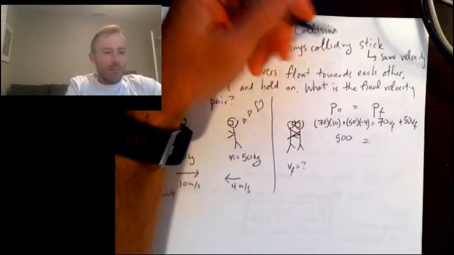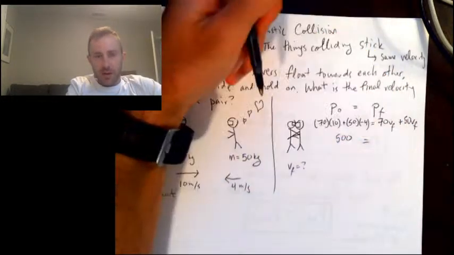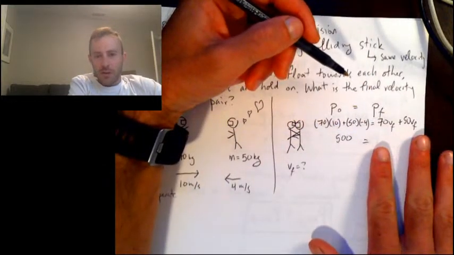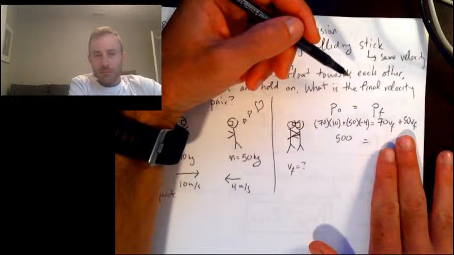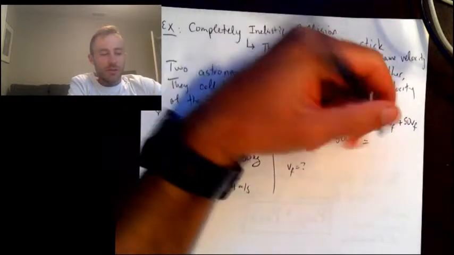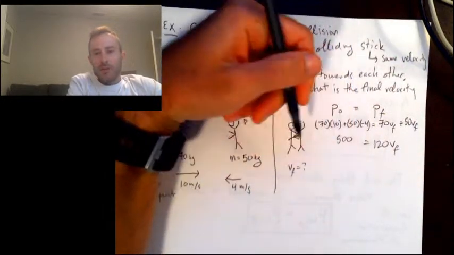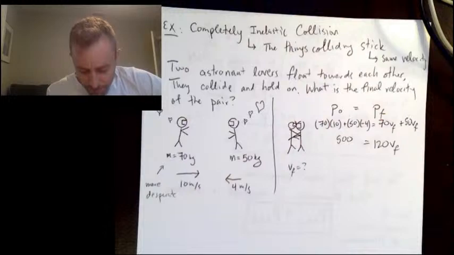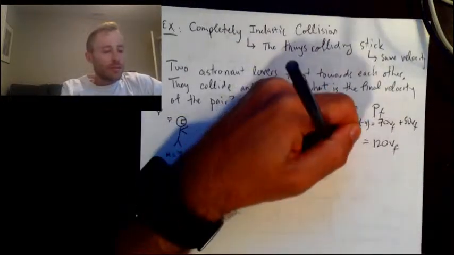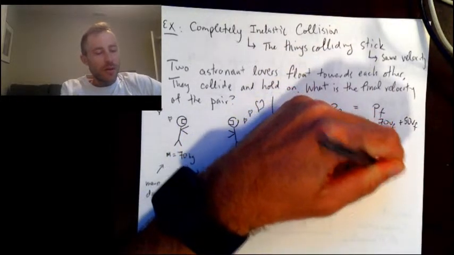They both have the same final velocity. It's not V final 1 and V final 2. Because they have the same final velocity, we can collect like terms. So 70V plus 50V is 120V. Divide both sides by 120, and I get 4.2 meters per second is the final velocity of the pair.